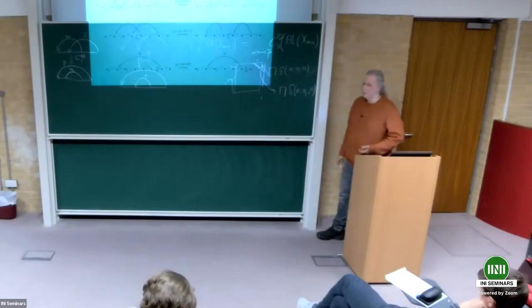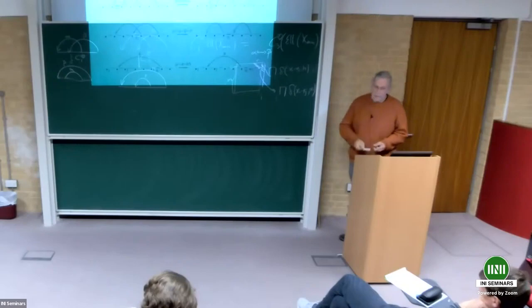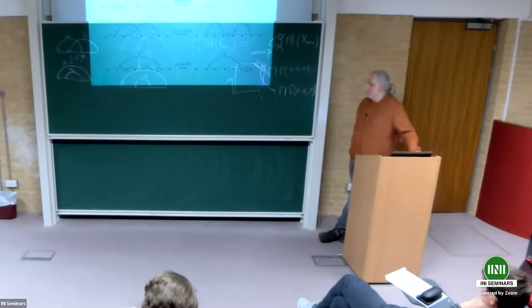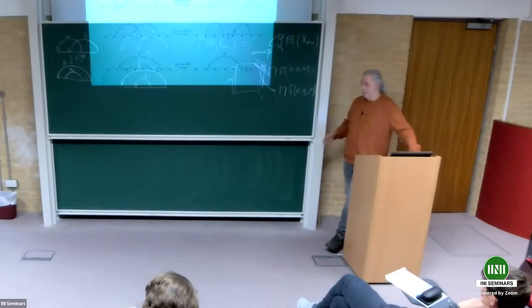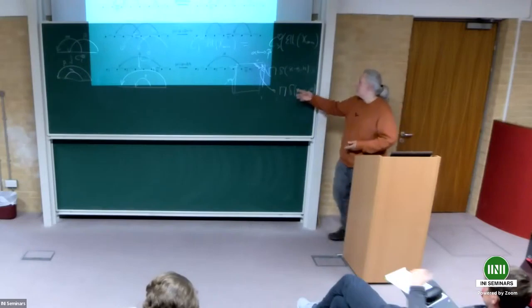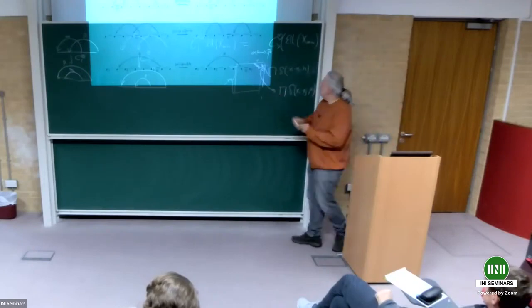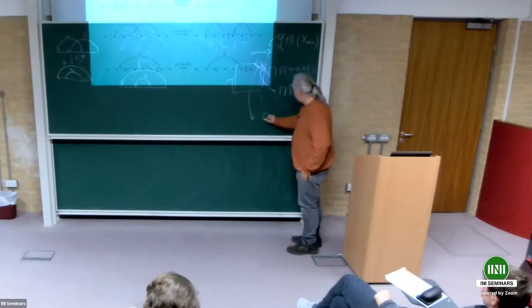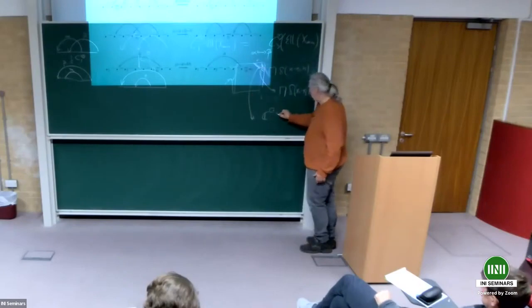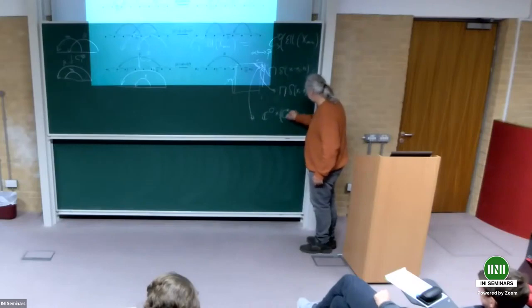So I start with such a simple thing. And I should say this specializes to a fundamental class and to the Chern-Schwartz-MacPherson class, and it agrees with this computation of what the Chern class is. So this is just a product of C to some power times C star to some power.